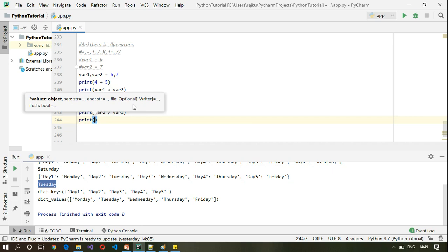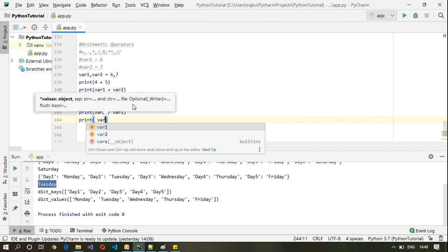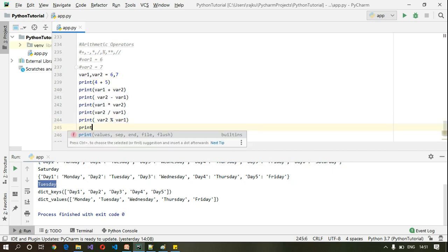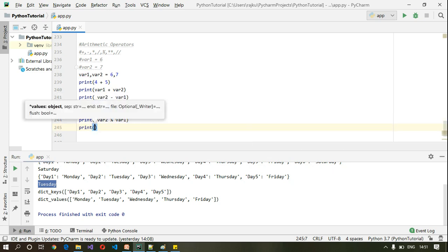Now we will see the modulo operator, that is var2 modulo var1. The next one is print var1 and double asterisk var2, which is nothing but the exponent operator.